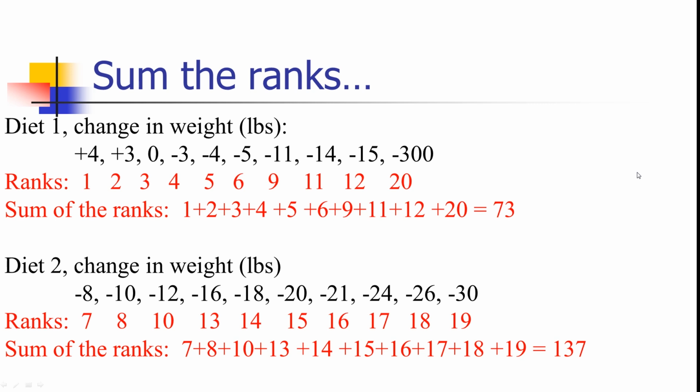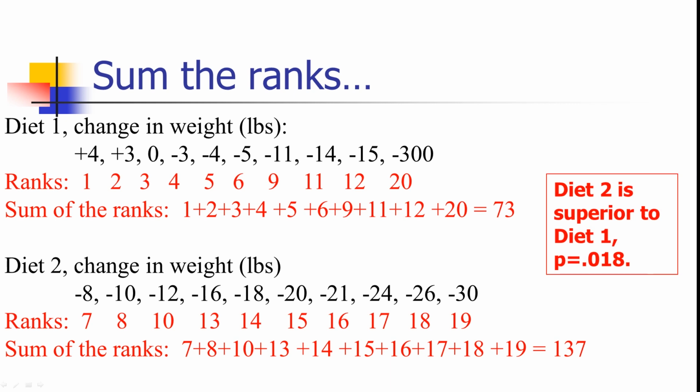And so when we actually apply the formal Wilcoxon rank sum test, something we're going to learn in a few weeks, to say whether 137 is really different than 73, in fact, we get a significant p-value here. So when you apply the correct statistical test here, you find out that diet 2 is significantly better than diet 1. Exactly the opposite of what you might have concluded if you had just looked at the means.